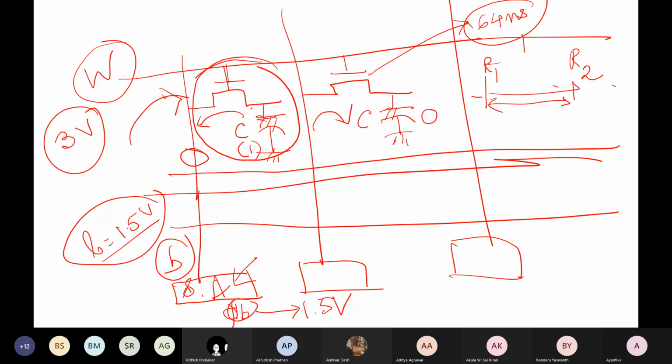Now what will happen if you are trying to read purposefully, let's say this is one word line, a particular row?